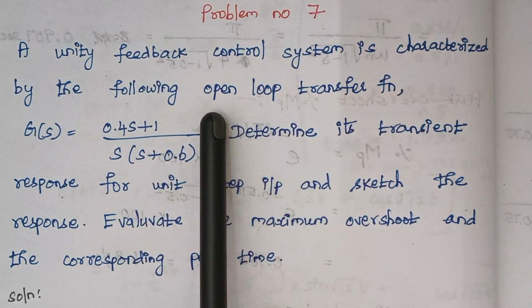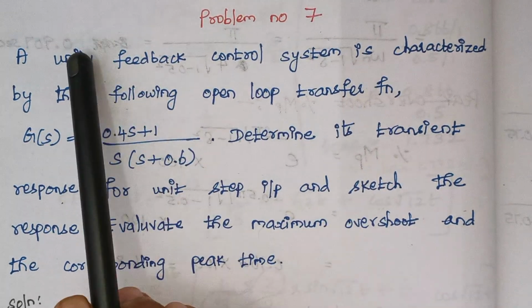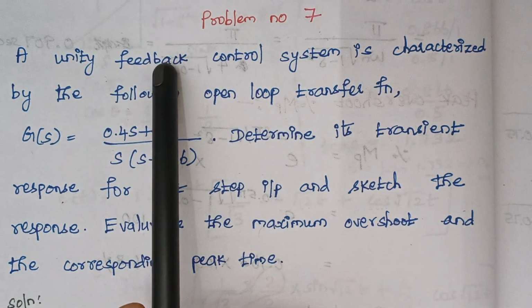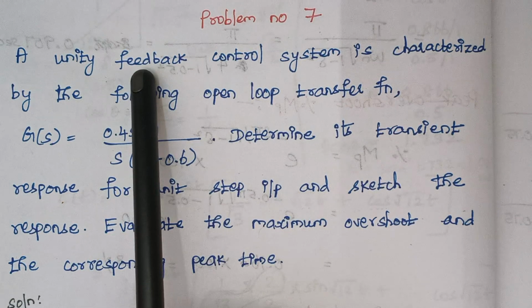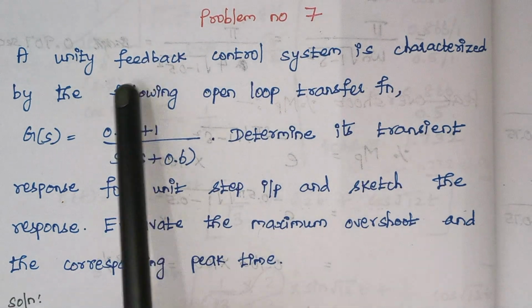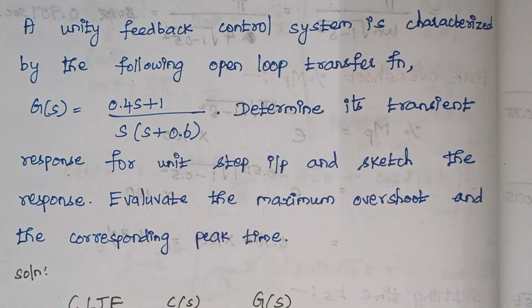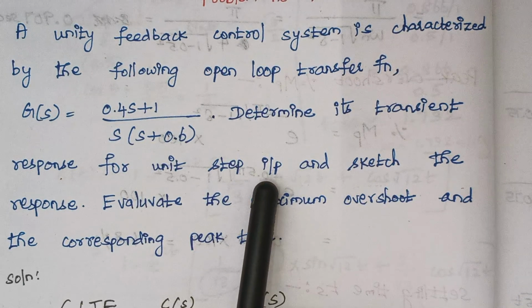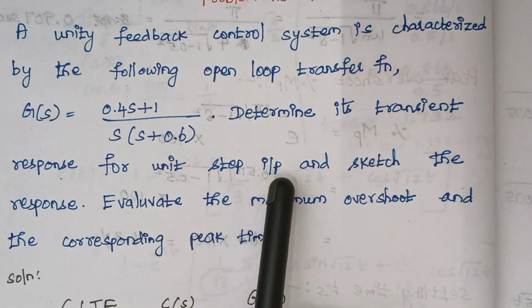So here an open loop transfer function is given and the type of feedback is mentioned as unity feedback. As I already said, whenever a unity feedback is simply mentioned, we should consider the feedback as negative feedback, right? Then we are asked to find the transient response for unit step input. That is, transient response is, in other words, the output response of the system.